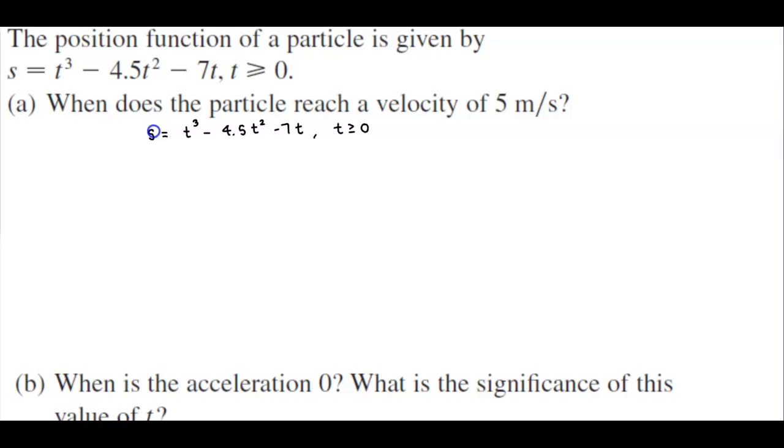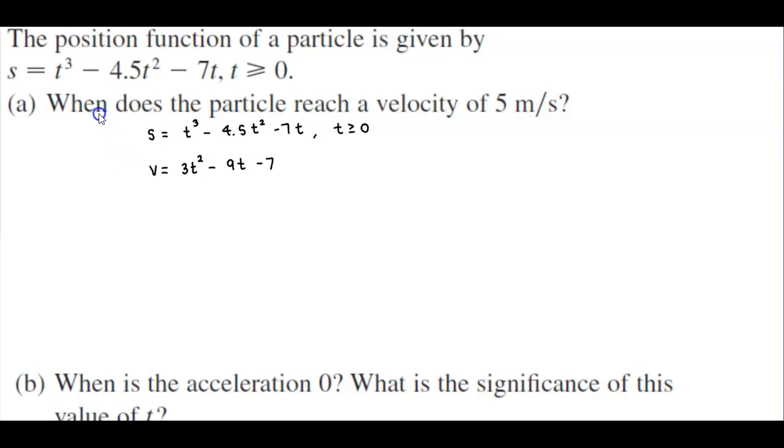Now, if we want to find the velocity function, then we're going to take the derivative of that position function. So we end up getting 3t squared minus 2 times 4.5 is 9t, and then minus 7.